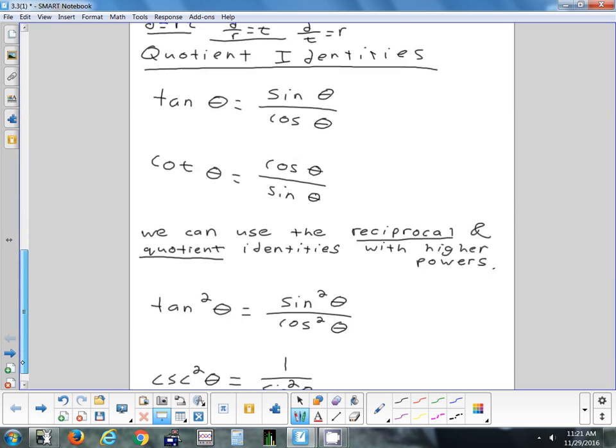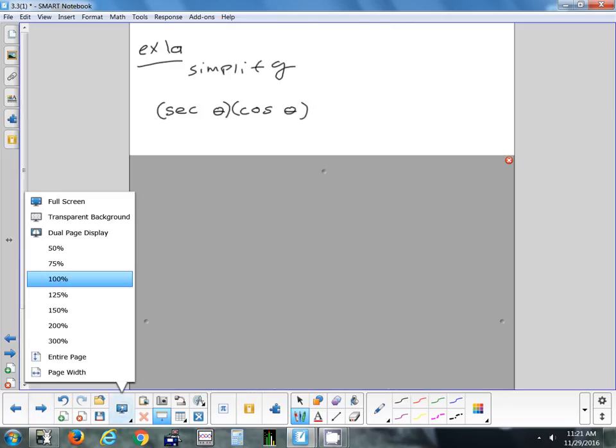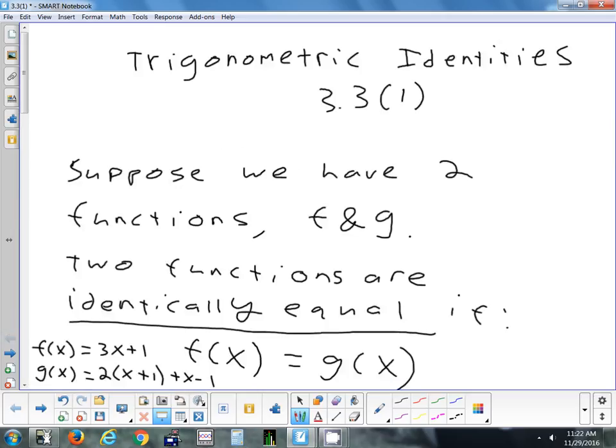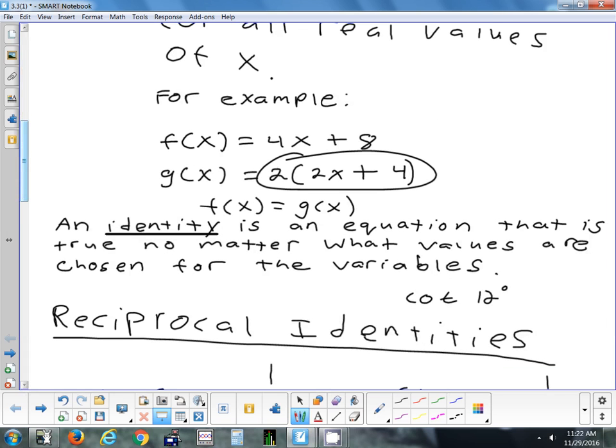All right. So now, let's see if we can use those and try a problem. Okay. I want to simplify that. It says secant theta times cosine theta. Now, there's a simpler way to write that, just like there is a simpler way to write that. To write that more simply, you use the distributive property.